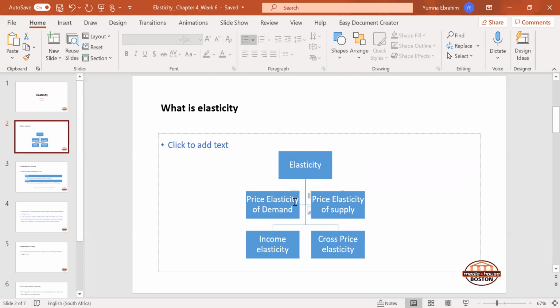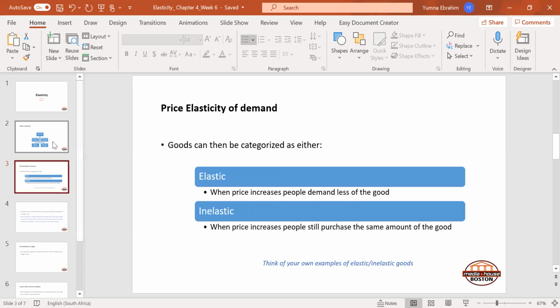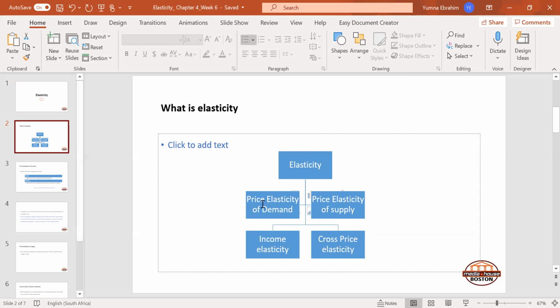But price elasticity of demand, price elasticity of supply, and income elasticity are the three most important categories of elasticity and most applicable in most types of industries and companies.